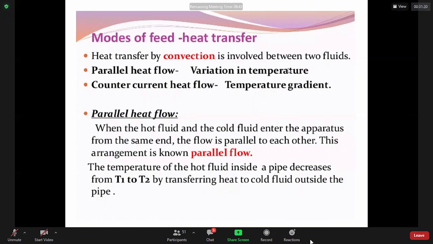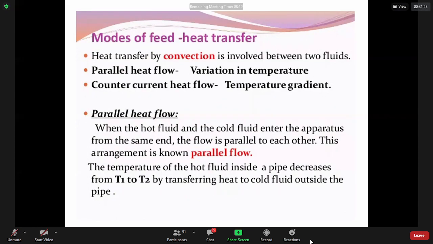Parallel heat flow can be a very good example in the distillation apparatus. You have cold water flowing in the same direction as the vapor that is being produced down. So in this case, that is parallel heat flow.